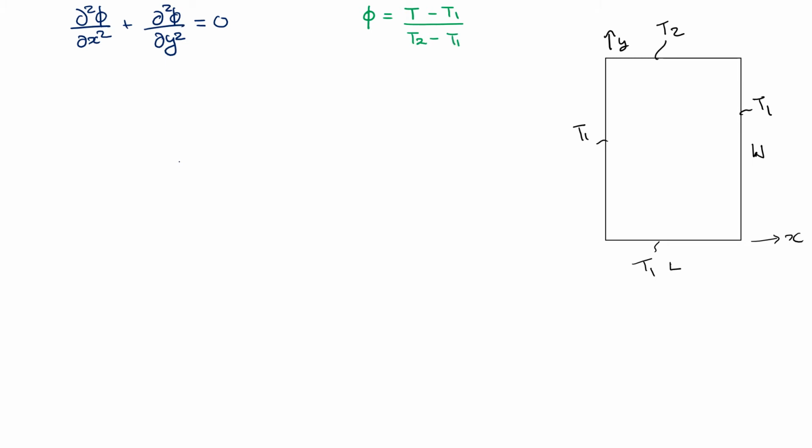This will translate to a phi equal to 0 at this boundary, phi equal to 0 at this boundary, and a phi equal to 0 at this boundary. But because T is equal to T2, our phi will be equal to 1 here. So you see that all the boundaries are between 0 to 1, and that's why we've used the normalized variable here instead of T or theta.